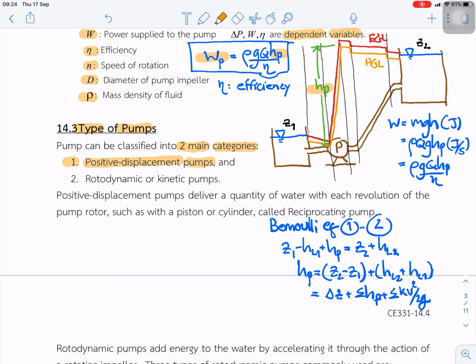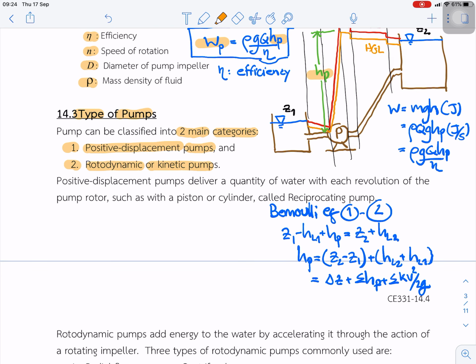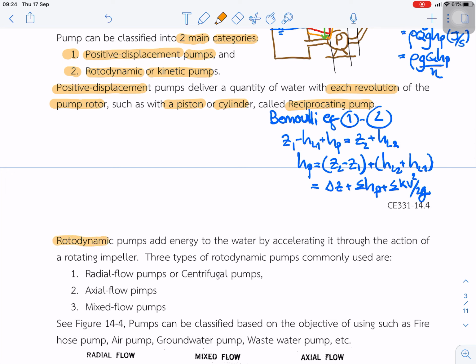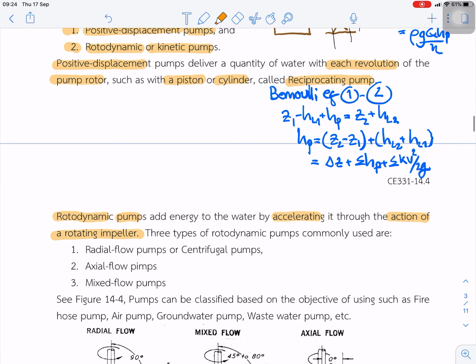The second is the rotodynamic or kinetic pump. The positive displacement pump delivers a quantity of water with each revolution of the pump rotor, such as a piston or cylinder. We call it the reciprocating pump. The rotodynamic pump adds energy to the water by accelerating it through the action of a rotating impeller.